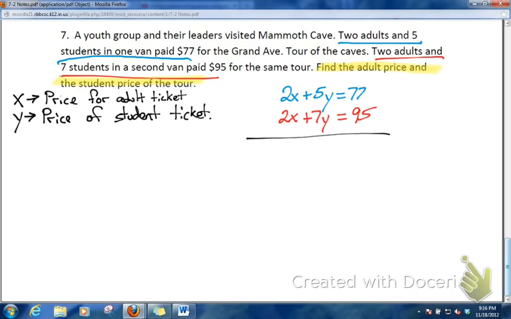The solving should be just like any other elimination problem. In this case, 2x and 2x are the exact same, so I'm going to subtract them.